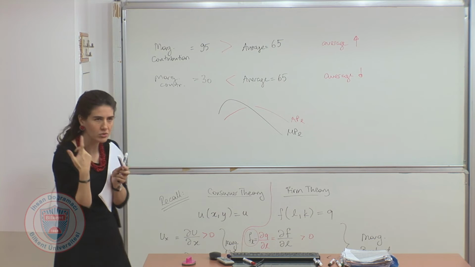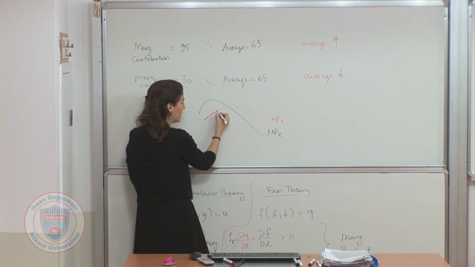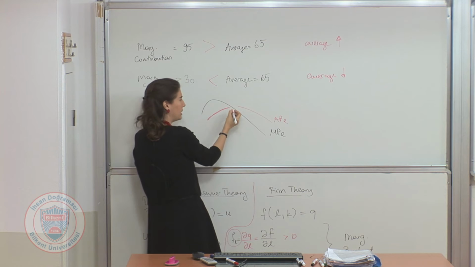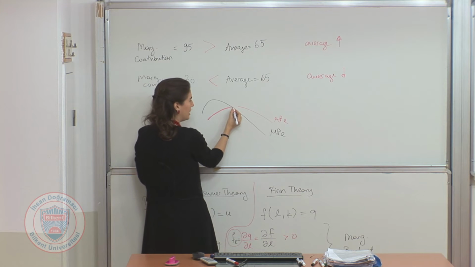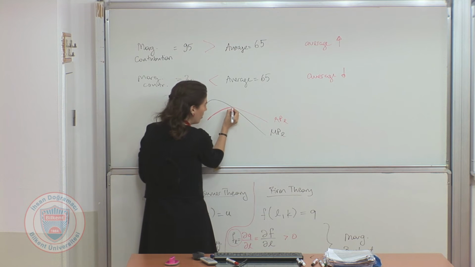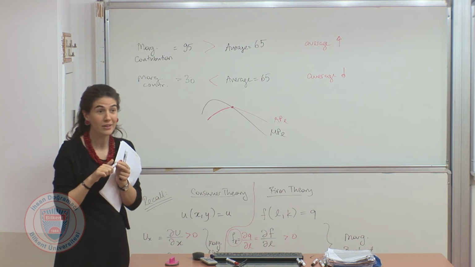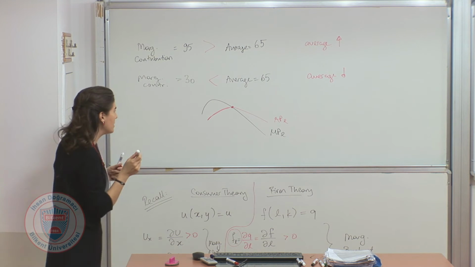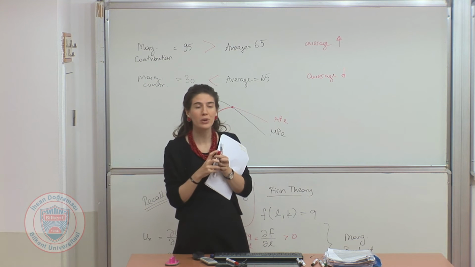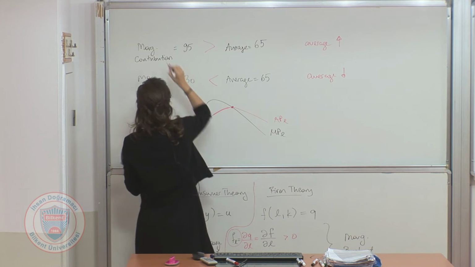You can say that when marginal is above the average, average is increasing. When marginal is below the average, average should be decreasing. So here the function is increasing. Here the function is decreasing, right? So this is the place where that function reaches its maximum, right? So that's why the marginal product of labor should cut the average product of labor at its maximum, right? So this was intuitive.